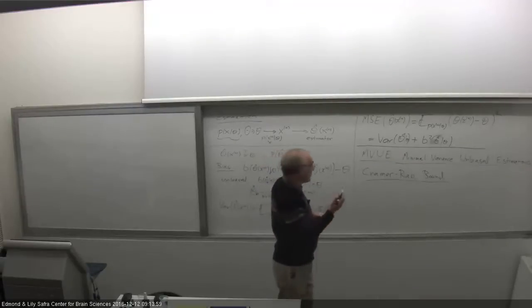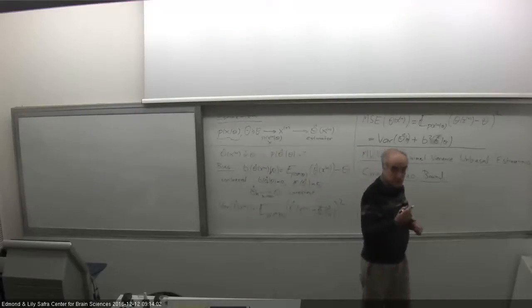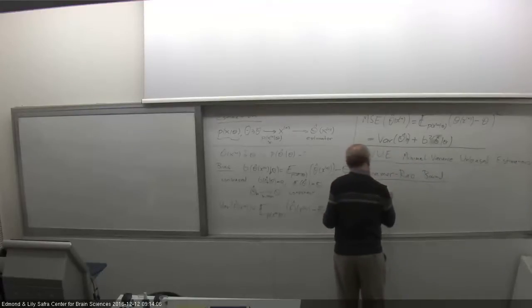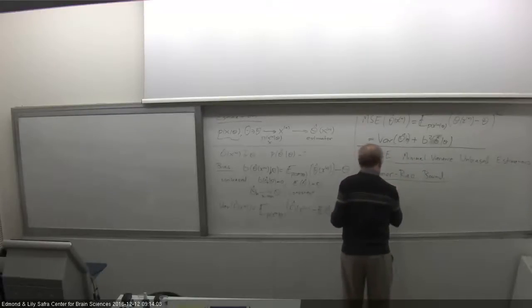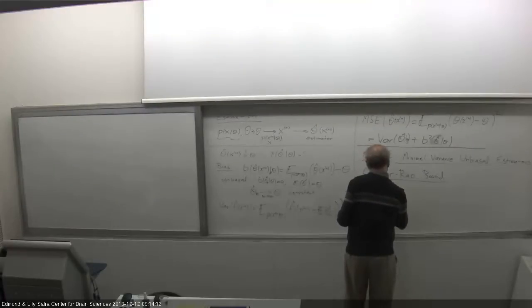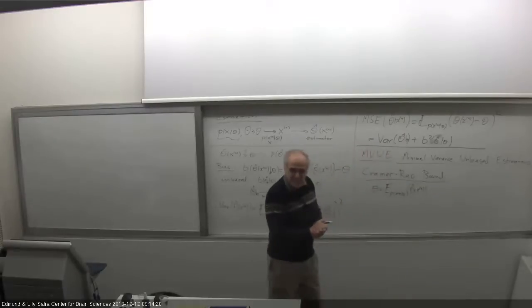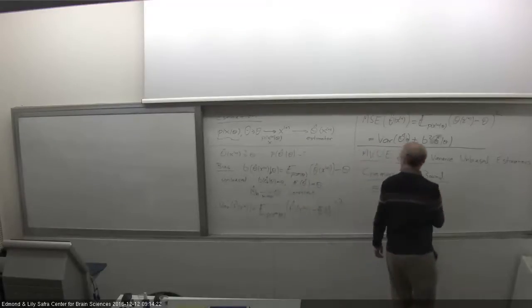So essentially, what do we know about an unbiased estimator? We know that an unbiased estimator has this property: the expectation of the estimator is theta. This is just the definition of unbiased.